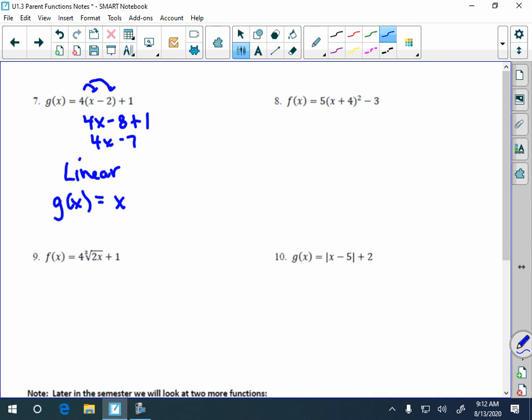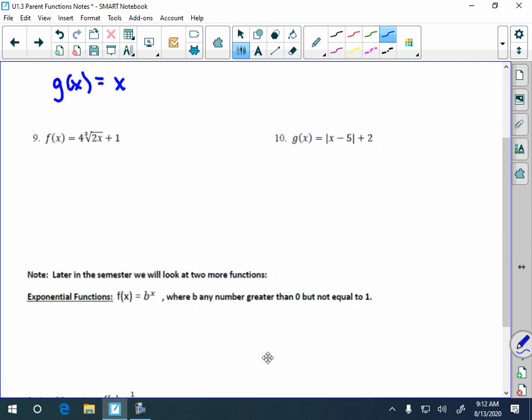Number 8, this has a square on it, that exponent 2, so this is quadratic. Its parent function, f of x equals x squared. Number 9, this has a cube root, it looks like.